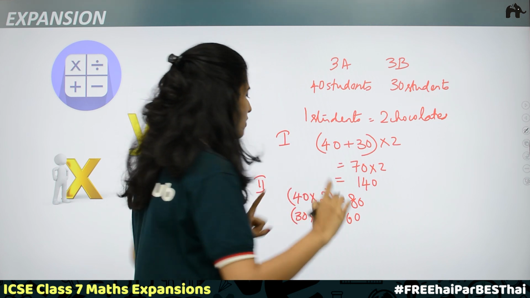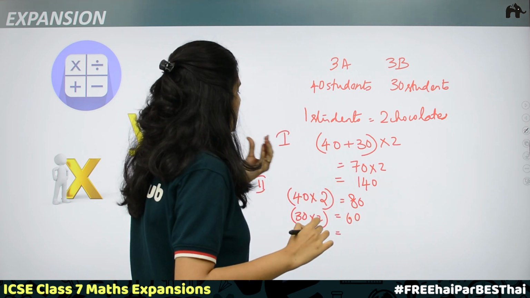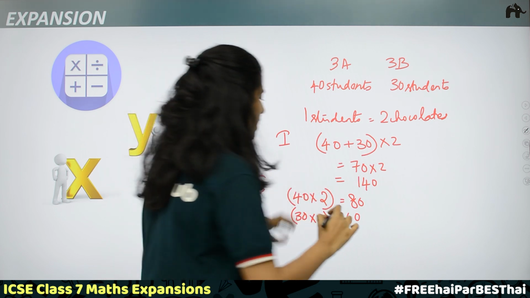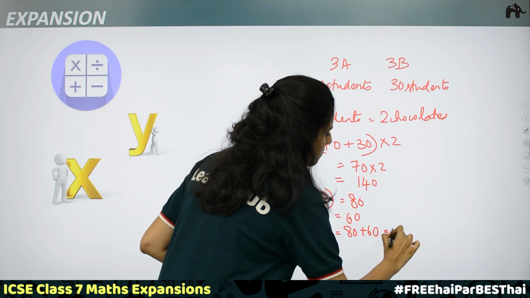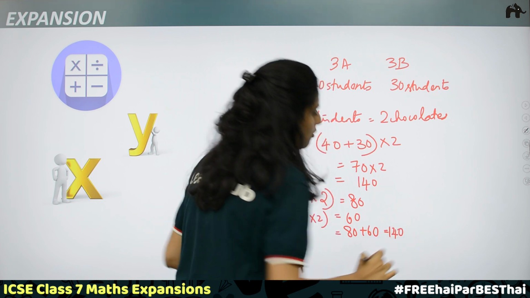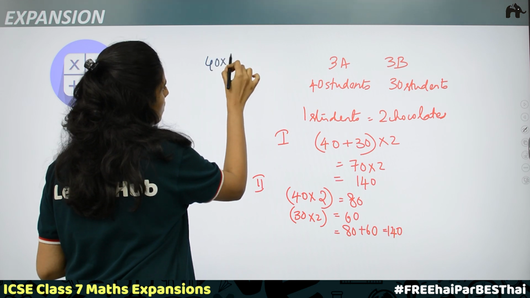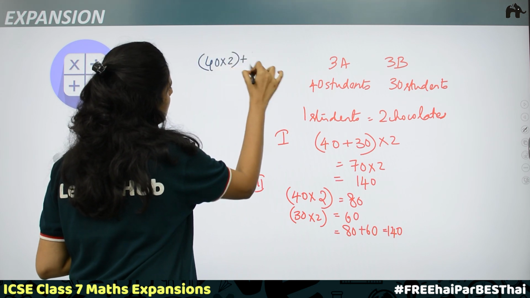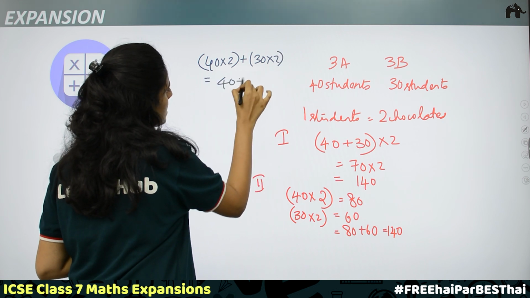So, the total number of chocolates will be equal to the number of chocolates needed in 3A plus the number of chocolates needed in 3B, that is equal to 80 plus 60, which is 140.